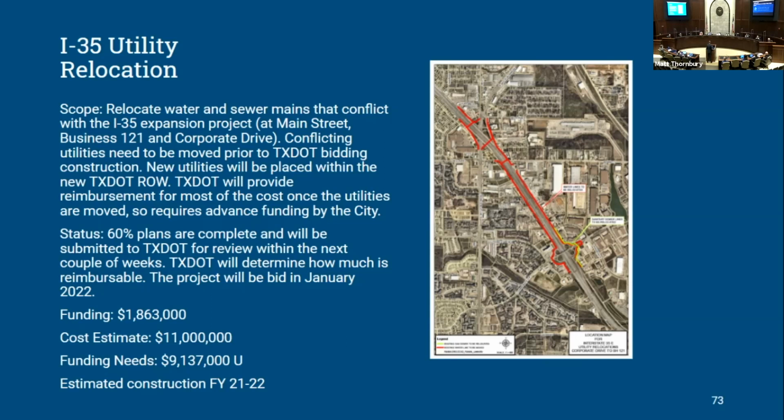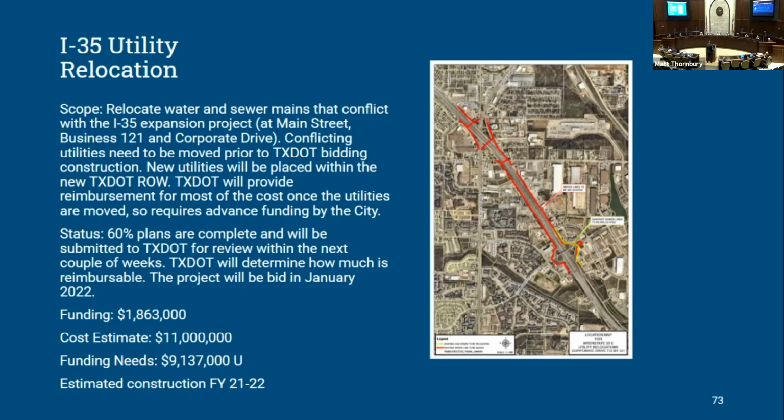We're on a fast track here. TxDOT is proposing to start construction on these interchanges sometime in 2022, which means that we have to have our utilities cleared before they even bid those projects. So that kind of pushes our time frame quite a bit.